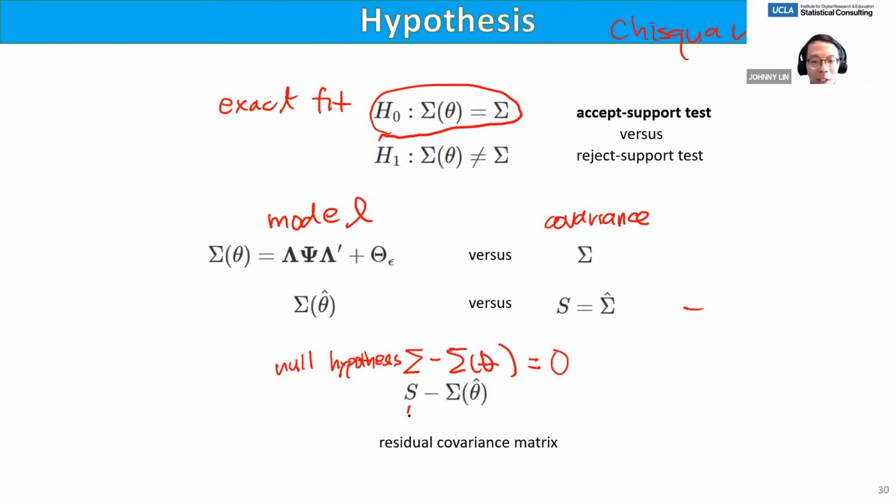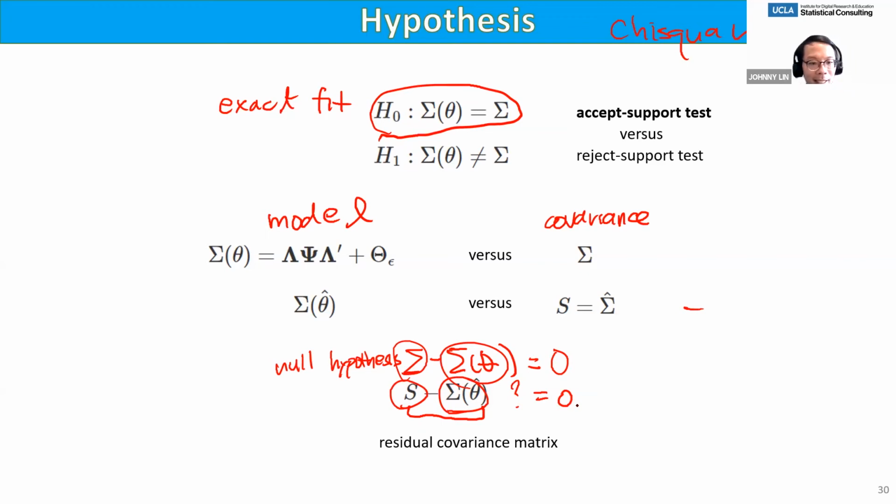But in our sample, is this necessarily equal to 0? Well, I argue that that's not necessarily equal to 0 because the S may be off in terms of estimating the population covariance, and the model might be off in terms of estimating the model implied variance. So there's sampling error.